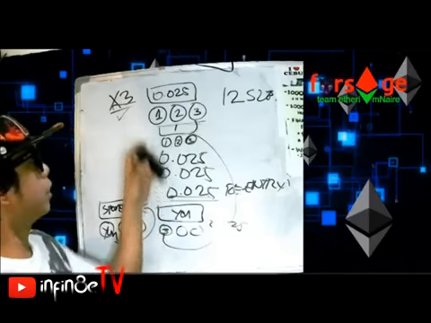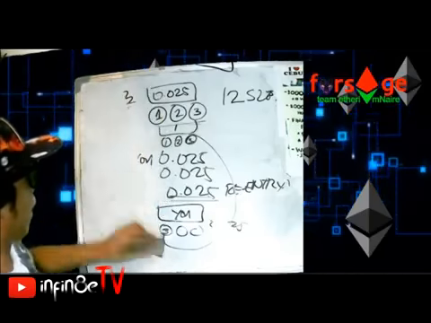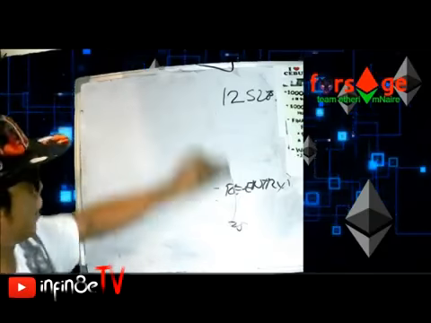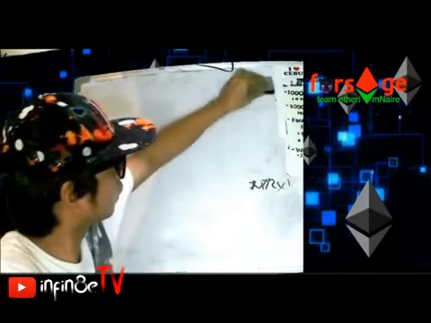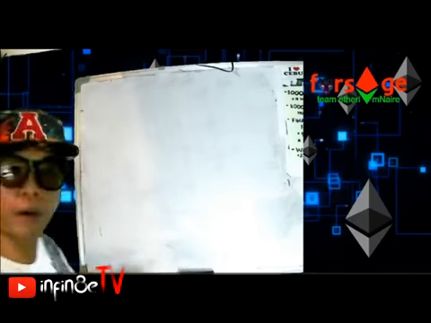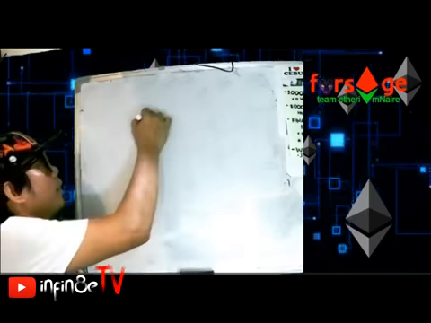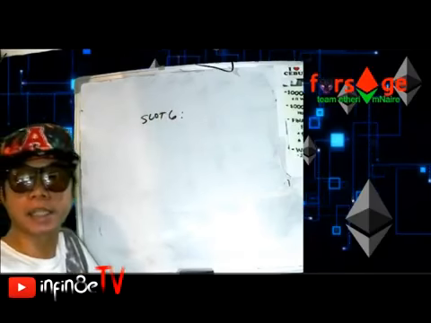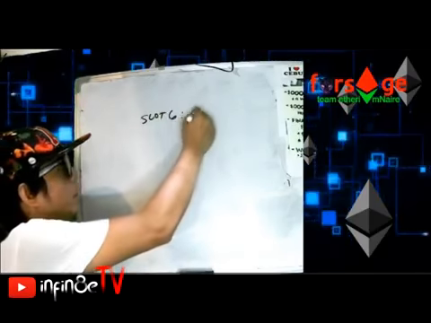And good news, whatever slot na you are in, and ganun yung nangyari, yun po yung nagiging earnings natin. So, for example, nasa slot number 6, okay? Yung slot number 6 po is 0.8.